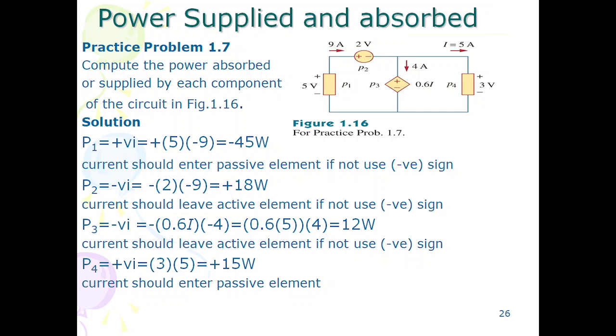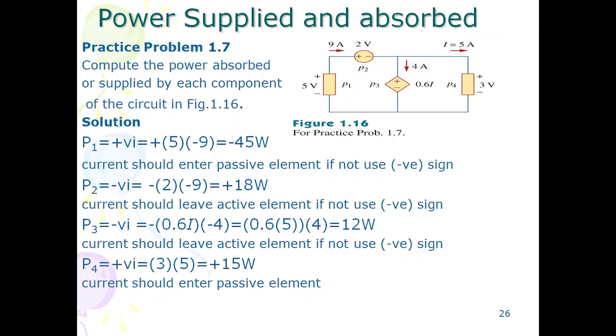Now come toward P3. Current is entering the source, but in actual for a source, positive current goes out from the positive terminal, and since it is a source, we use minus V into I. Now we substitute the value of voltage, which is equal to 0.6 into I, and the value of current is minus 4.